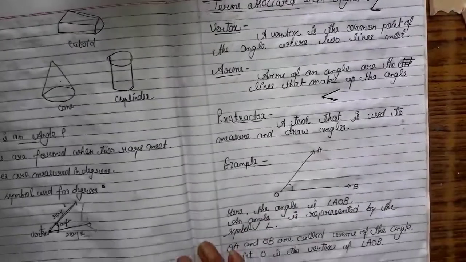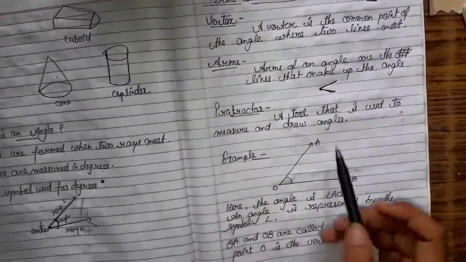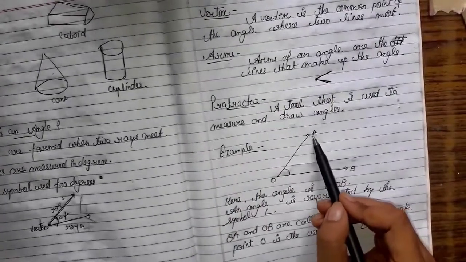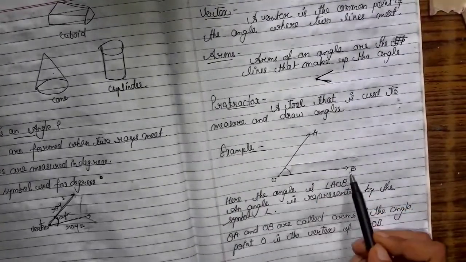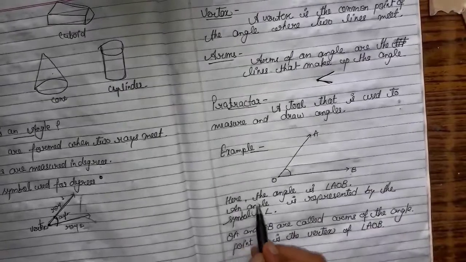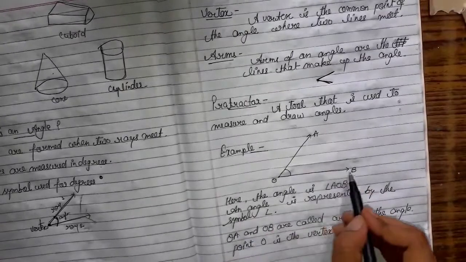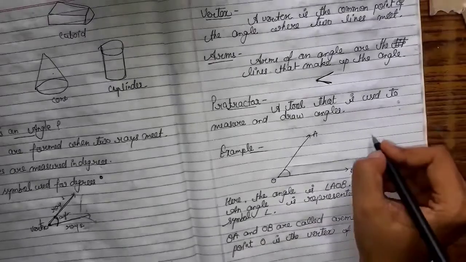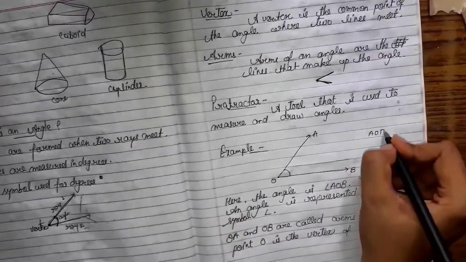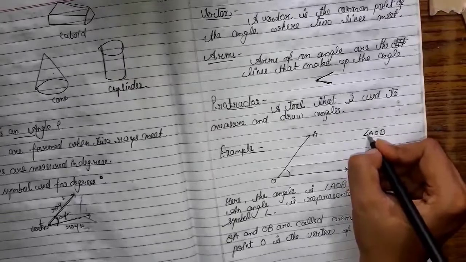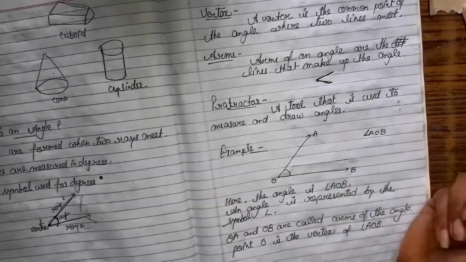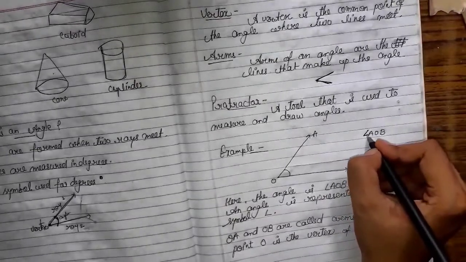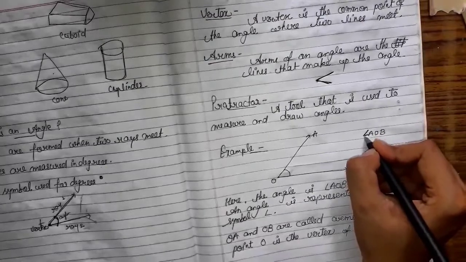Okay. Now there is an example here. You can see easily an angle AOB. So here the angle is AOB. Now if we are writing any angle name AOB, then this sign is the representer of angle.